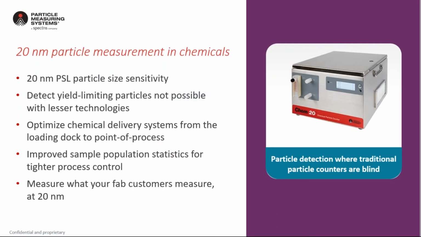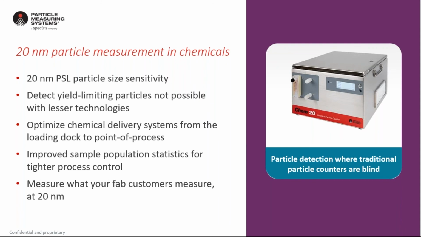So again, just to summarize the Chem 20 that we've talked about a lot today, it's 20 nanometer particle measurement in chemicals. We do 20 nanometer PSL calibrations with this instrument, which is the traditional calibration method. But when it comes to things like metallic particles, there is much more light scattered, and so we have sensitivity down to 9 nanometers on those kinds of particles.